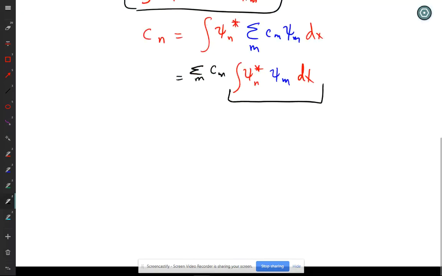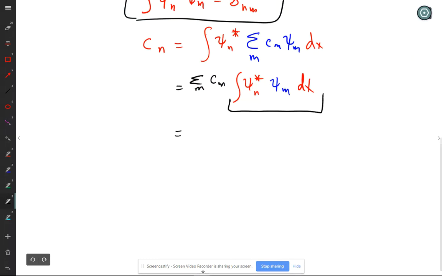And so I'm going to write the intermediate of that. So I'm testing to see if C of n is equal to the sum over all m's of Cm times the Kronecker delta nm. Only one m is going to not have Kronecker delta nm equals 0.